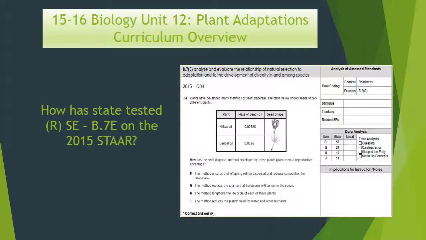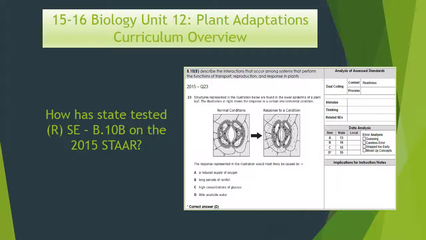And so as you relate it back to what natural selection is, which is survival of the fittest, understanding only the strong will survive, and if your seeds are dispersing, you have more offspring, and if they're dispersed in a way that reduces competition for resources, that makes it better for even more survival of different species, which allows that diversity to occur. So the answer for this one was F.